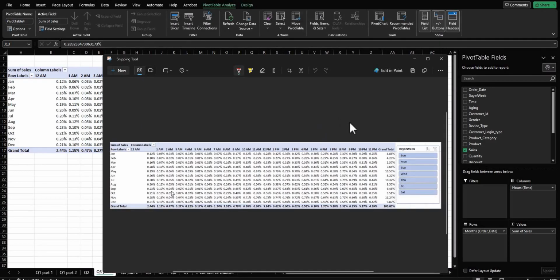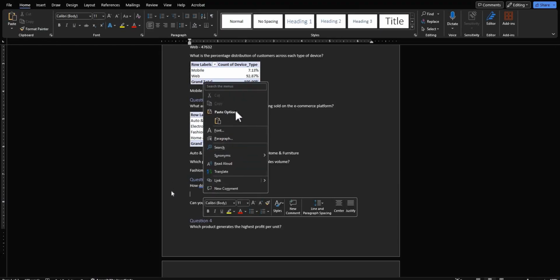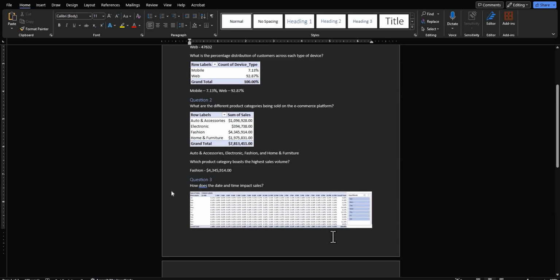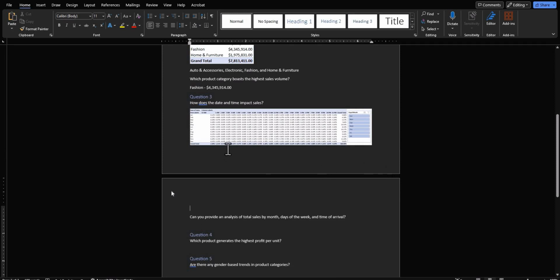This is really the reason why you should use the snipping tool rather than trying to copy-paste, because that'd be kind of nightmarish to copy-paste. So I'm going to paste that in. You can see how it's impossible to read. That's okay. I can tell what that says, especially because what I'm going to put as my answer is not anything specific in that screenshot. I'm just showing my work there.